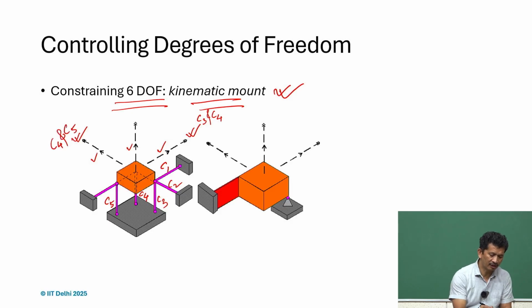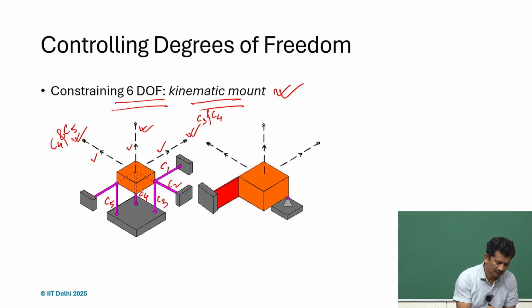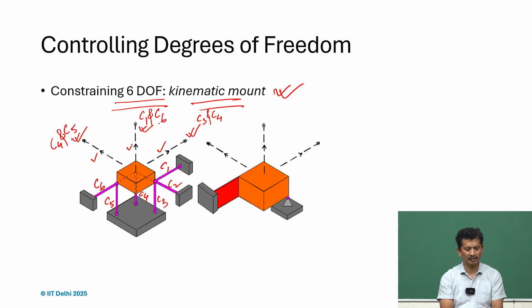So, we are left with now this rotation, the z axis, and in this case if we try to look at it closely, we have to find 2 constraints parallel and in the plane perpendicular to that normal, right. So, what we see, this is left, C6. So, C1 and C6 actually provide that rotational constraint.